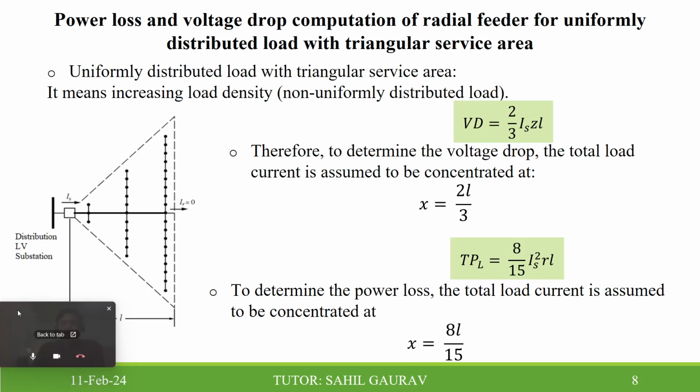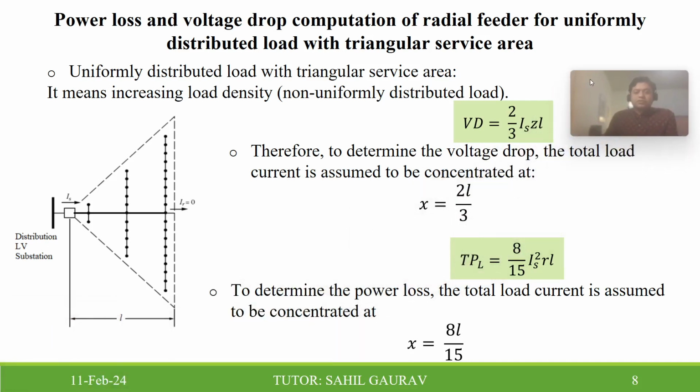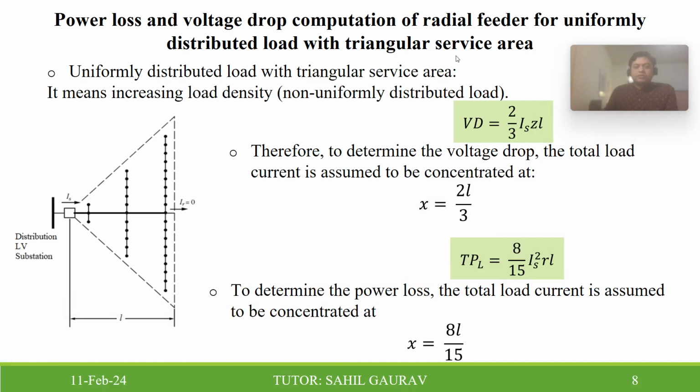Before solving the problem, we will see the triangular service area. If there is a radial feeder with uniformly distributed load, that will make a triangular service area. Somewhere it is written as uniformly distributed load with triangular service area, and somewhere they may write non-uniformly distributed load with increasing load density.